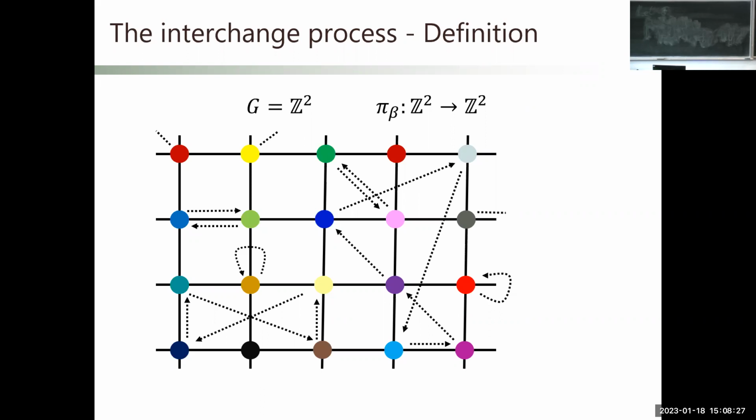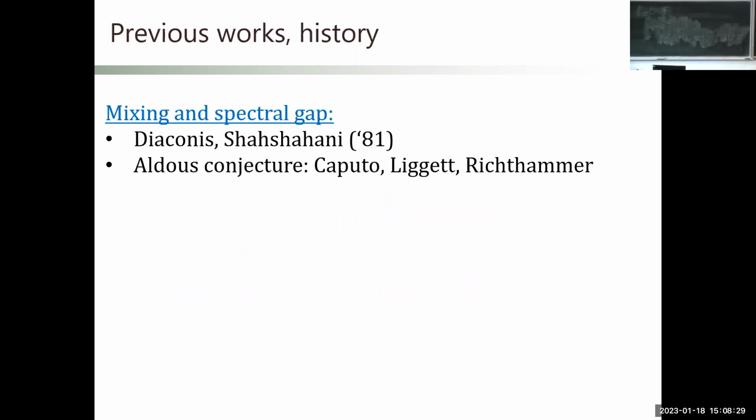Okay. So before that, let me tell you a little bit about the history and the previous works. So I think the first result is by Diaconis and Shahshahani. They studied the interchange process on the complete graph around 40 years ago. And on the complete graph, it has a simple interpretation as mixing a deck of cards.